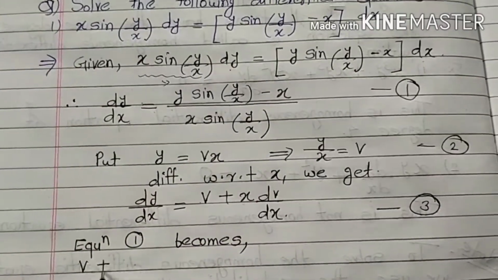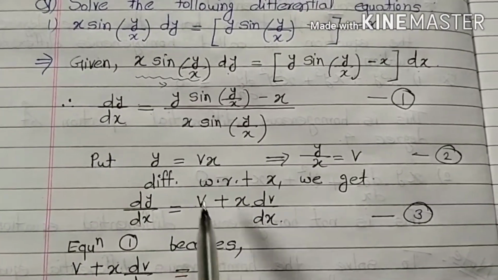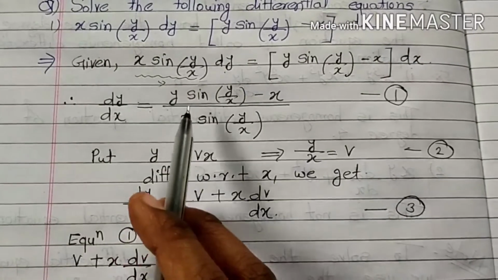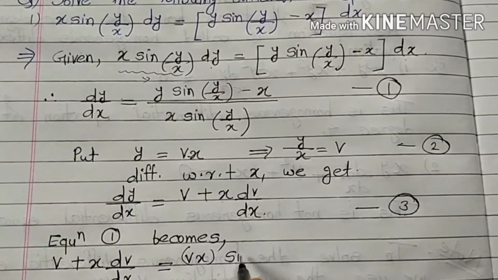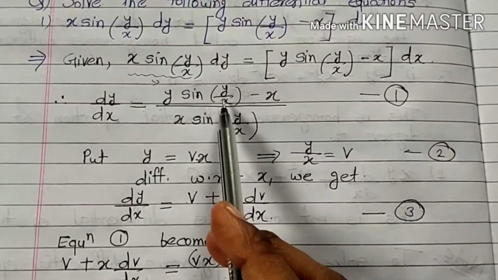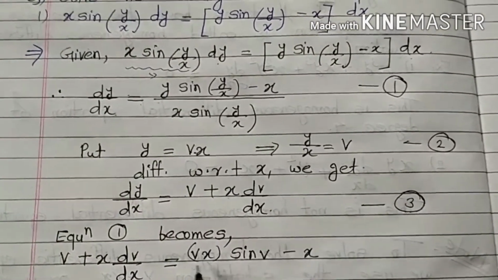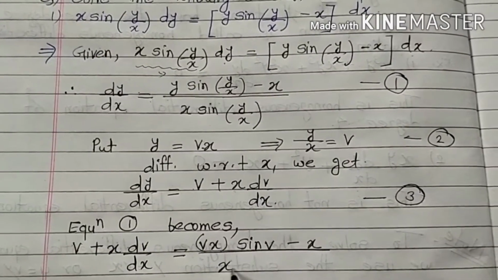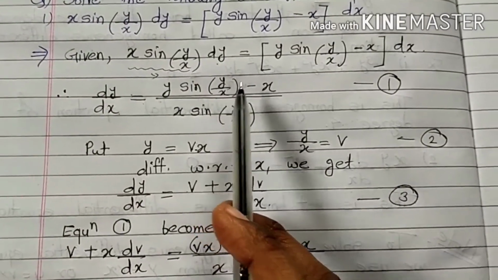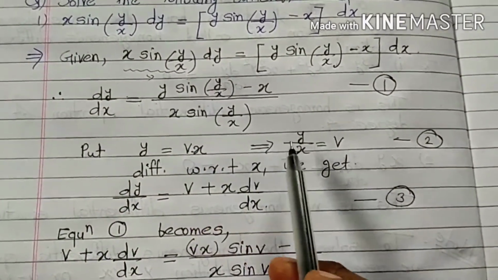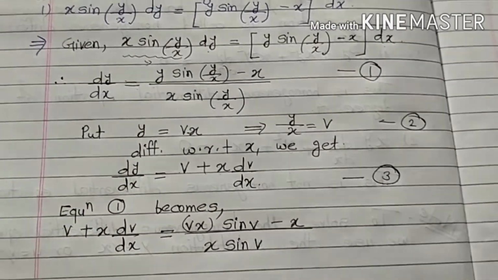So I am writing here v plus x dv upon dx, which is equal to, now the value of y. The value of y is vx. So write here vx into sin, now y upon x. So y upon x is v. So I am writing here v directly, minus x upon x sin v. You can also write here vx, then x cancels and you get v, but since y upon x is equal to v, I use v directly.